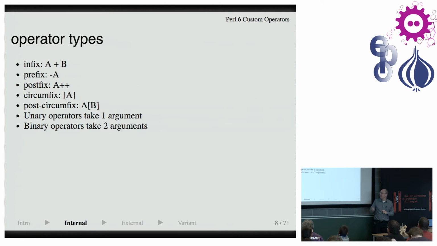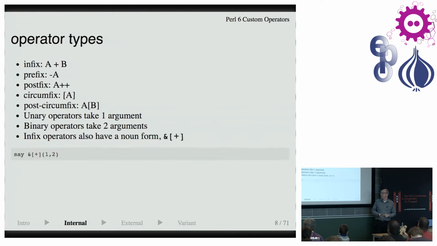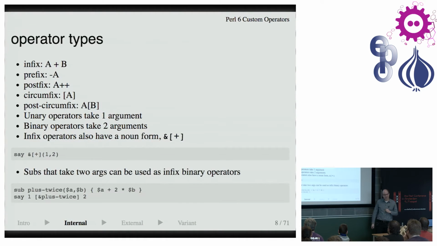Even though you can write A plus B, you can also use operators in what's called a noun form. If you take the plus, and you put some brackets around it, and you put an ampersand in front of it, then instantly you've turned your operator into a function that takes two arguments. And conversely, you can go the other way. If you have any subroutine that takes two arguments, you will automatically have an infix operator.